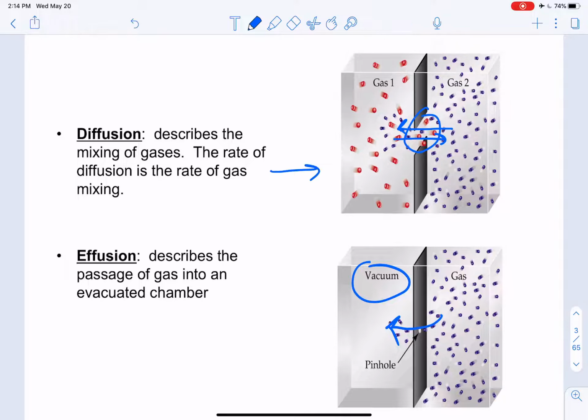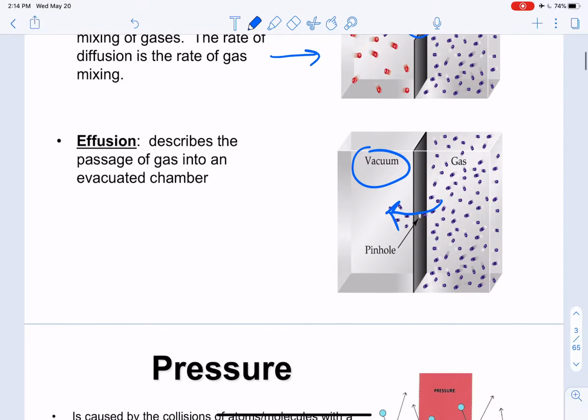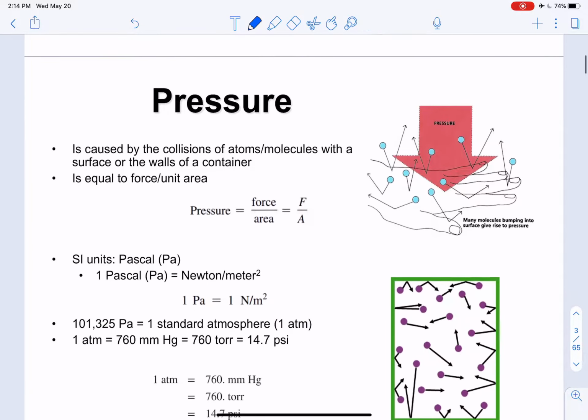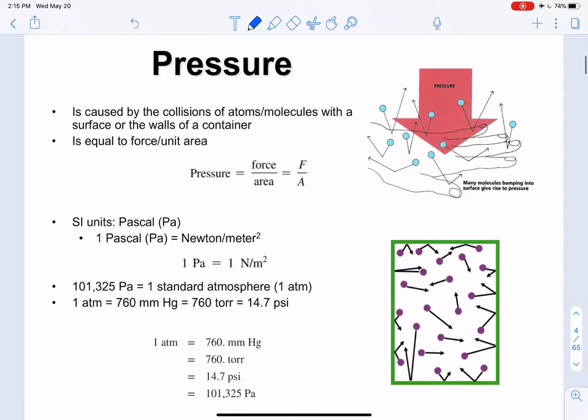And then that brings us to another part of gas, very important, which is pressure. So what is pressure? Well, if we look at the mathematical equation for pressure, pressure is force divided by area that force is going to be distributed over.